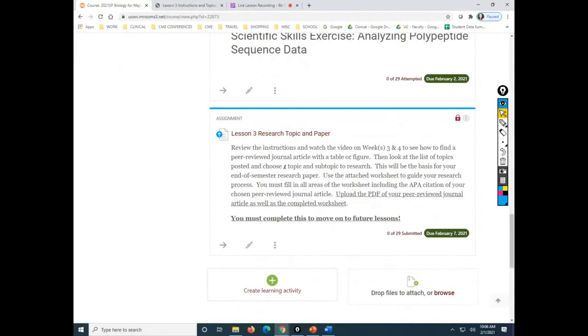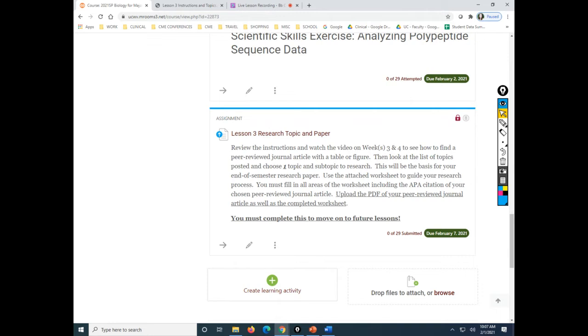So, lesson 3, which is the research lesson we're on right now, is the most important of all of your research lessons. And I do not say that lightly. The reason for this is because you're going to do 2 things over the course of this research lesson.